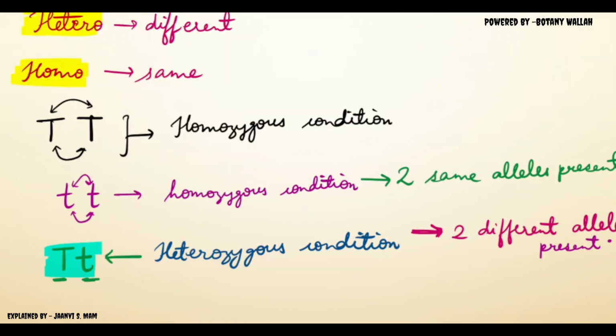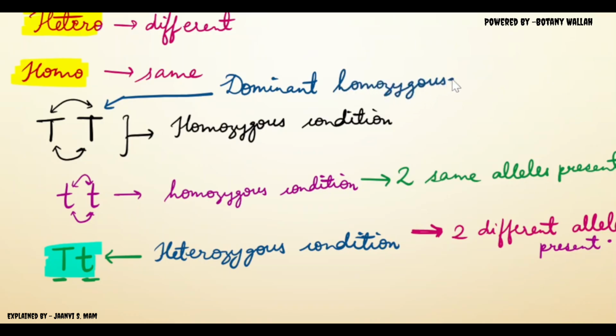Now we can also say that this capital T condition is dominant homozygous.